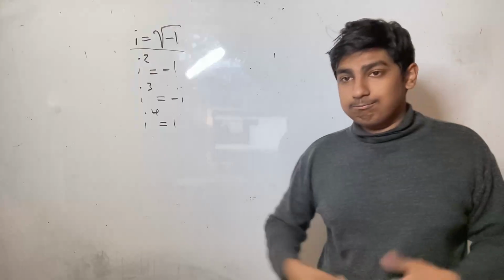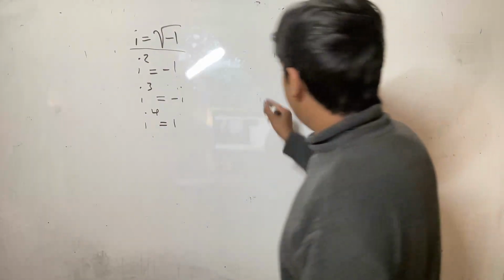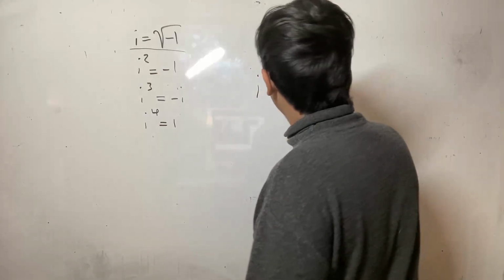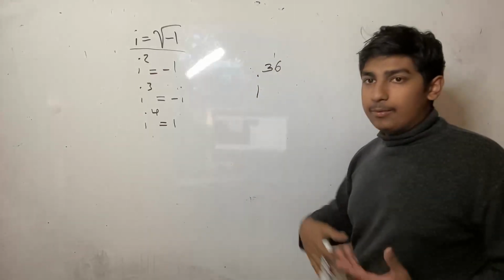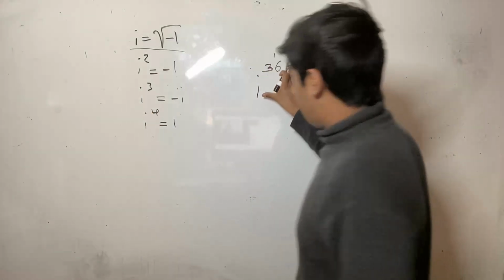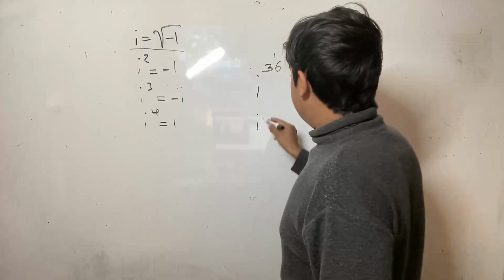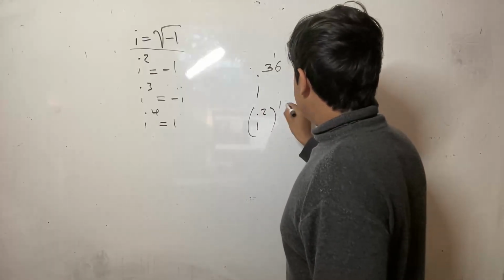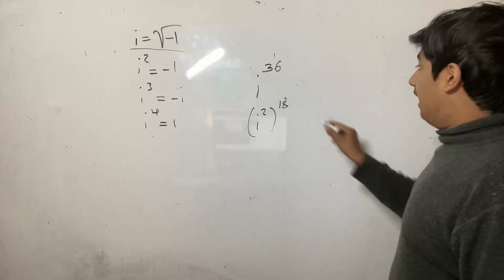And so, one other piece of advice here is, if you have I to just some even number in general, like I to the 36, I would recommend, you don't have to, but if you have an I to the even power, you can write it as I squared to the 18th. Let's see what else here.